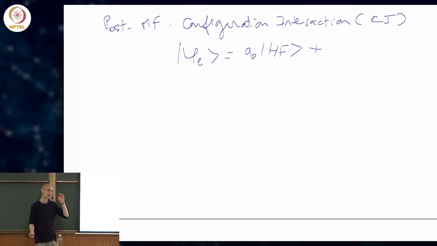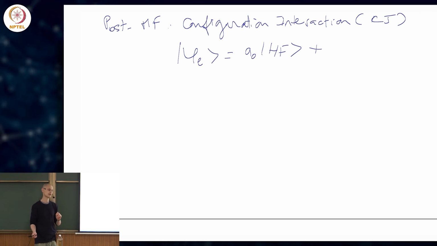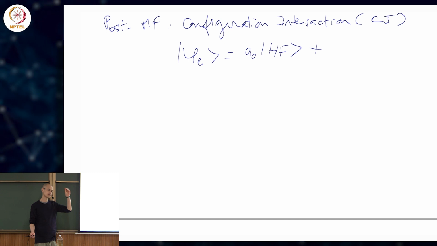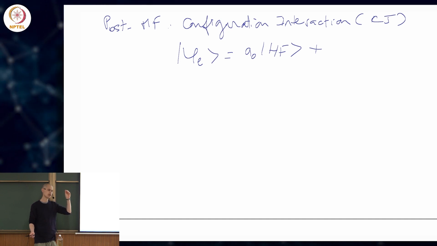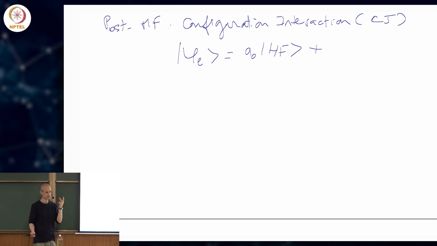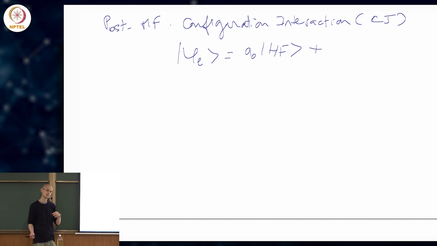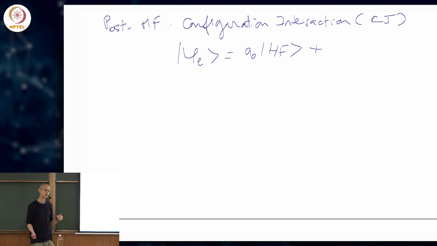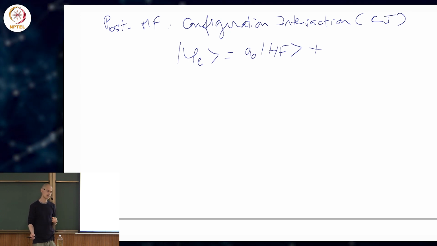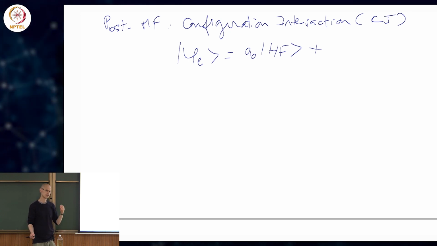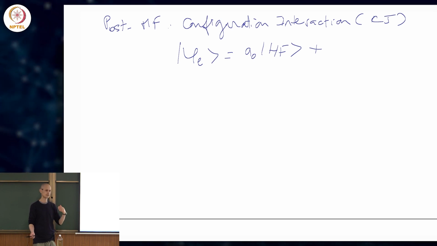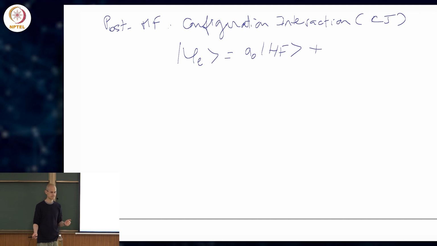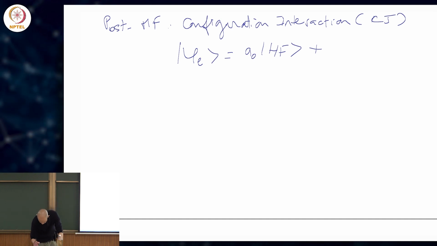It means that you take one electron from your occupied orbital and put it in the virtual, okay? But you can also do double excitations. You take two electrons from the occupied and put them in the virtual, then 3, 4, and so on. So you have all this class of CI methods: CIS, where you include only singles, CISD, where you include singles and doubles, and so on. Okay? So you write it like this.